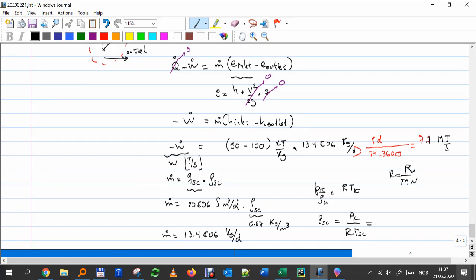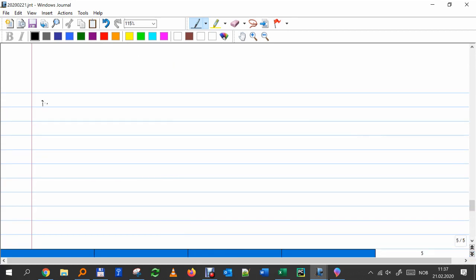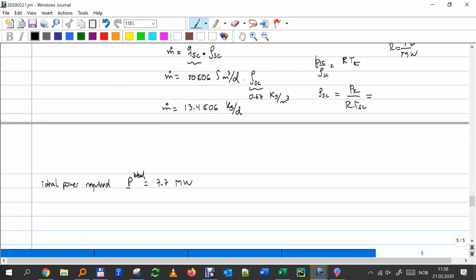Okay, so let's write that here. Ideal power required is 7.7 megawatts, more or less.